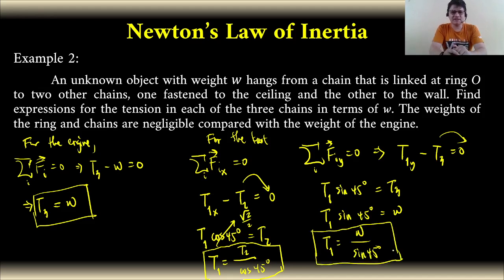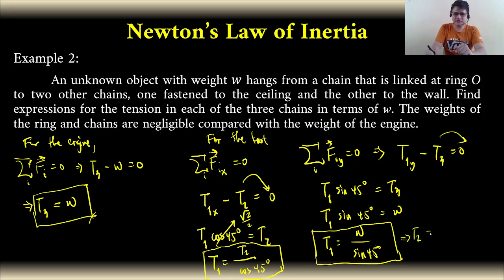Now the problem asked us to express these tension forces in terms of W. We already are done with T3, which is equal to W. We have T1 is equal to W over sine of 45 degrees. And how about T2? We have to come back here. Straightforwardly, we have T2 is equal to T1 cosine of 45 degrees.